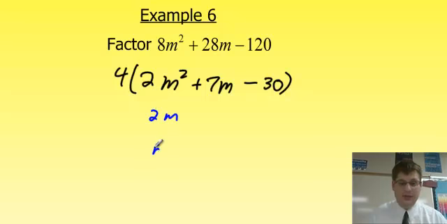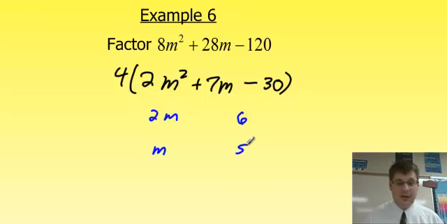What times what gives me 2m squared? Well, it has to be 2m and m. We don't have much choice in that. Negative 30, so that tells me one term's positive, one is negative, and they need to add to 7m. So we could do, let's say, 6 and 5.